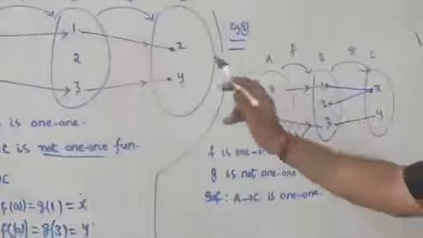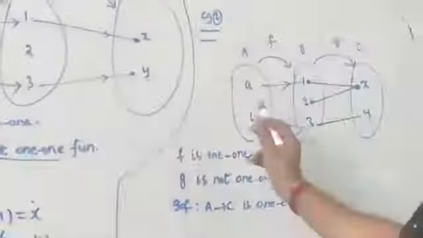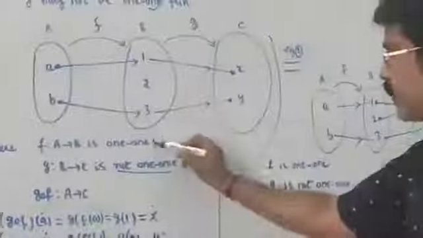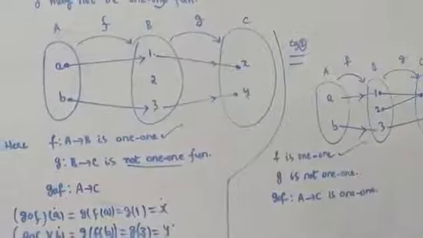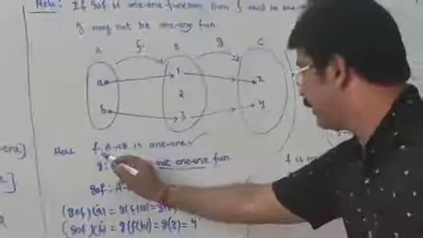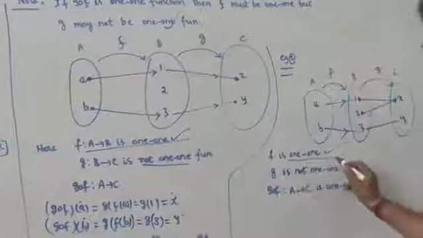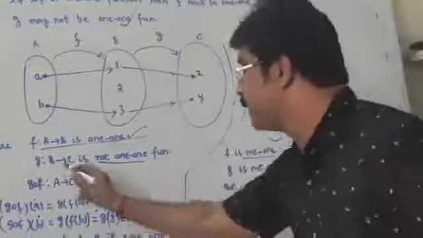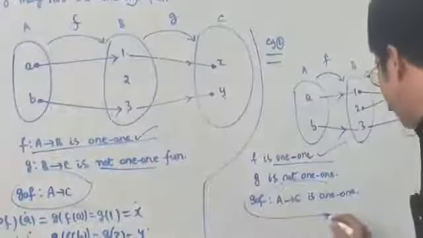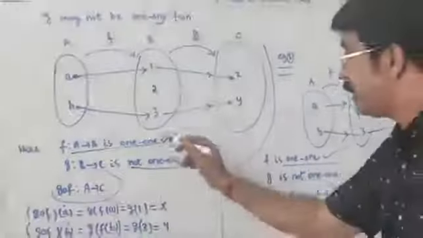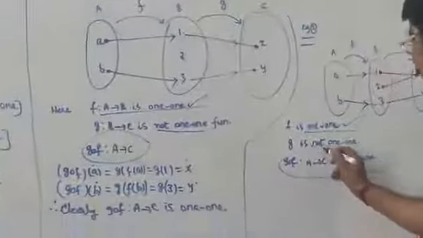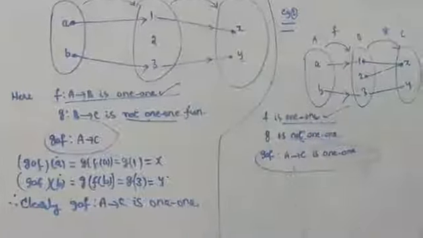So through these two examples, F must be one-one function for G circle F from A to C to be one-one function. But G may or may not be one-one function.